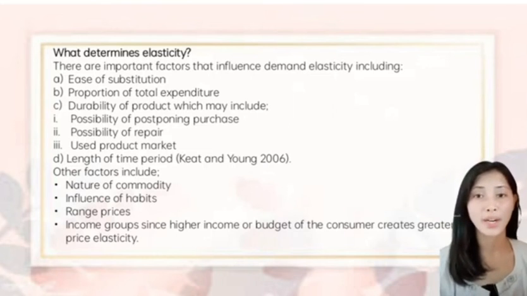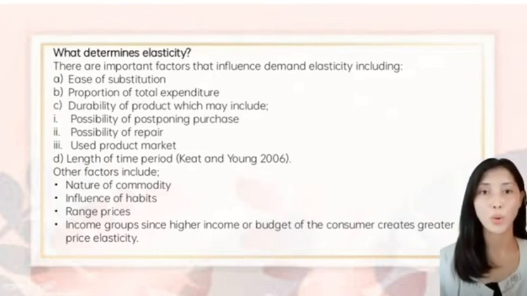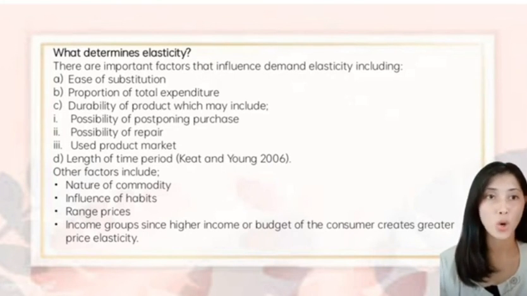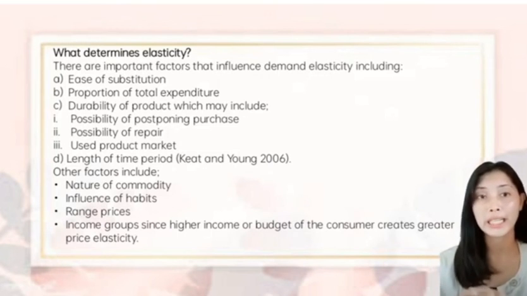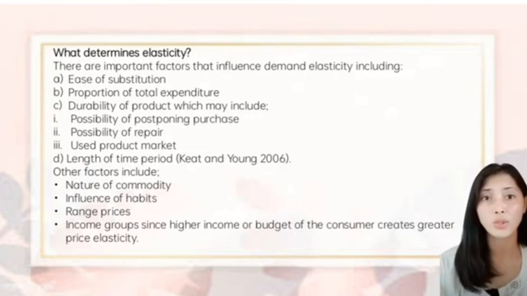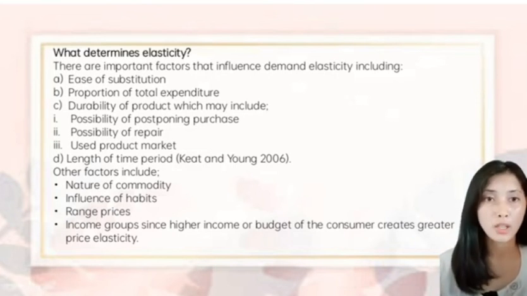Another major reason is the proportion of total expenditure spent on the product. For example, if the current price of rice is 5 pesos per kilo and it increases to 6 pesos per kilo, we may shrug off the 1 peso increase since its effect on our total expenditure is very negligible.